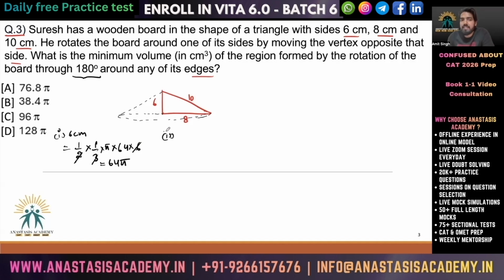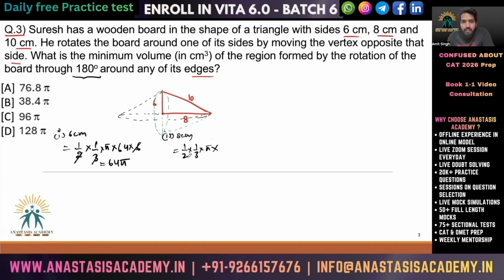Now the second case is when I am rotating it around the 8 centimeter edge. So the volume would be half into 1/3 pi r square h. Radius here would be 6 because the final figure would be like this. This would be a cone, right? This would be half the cone.